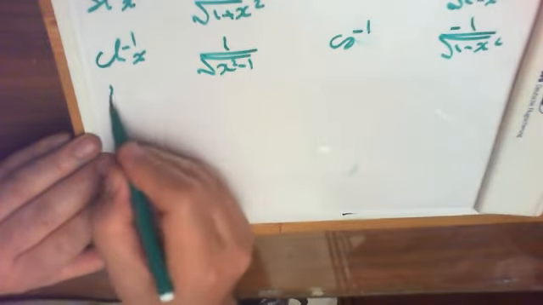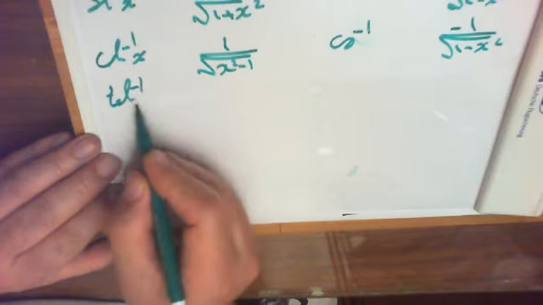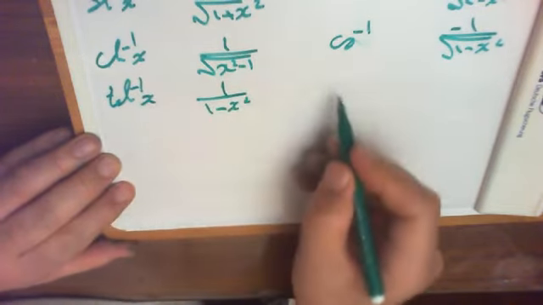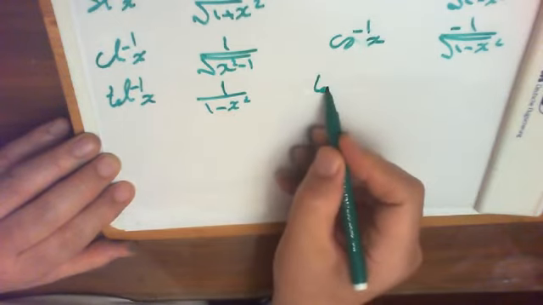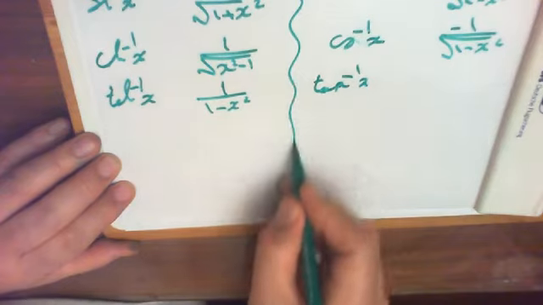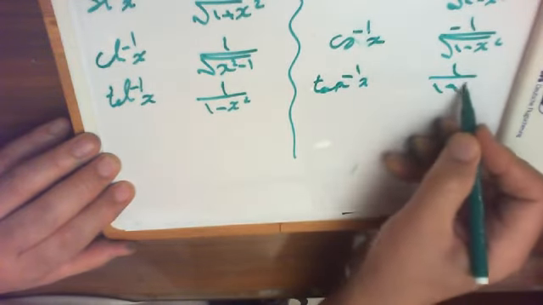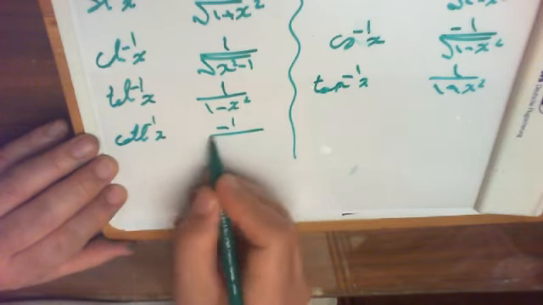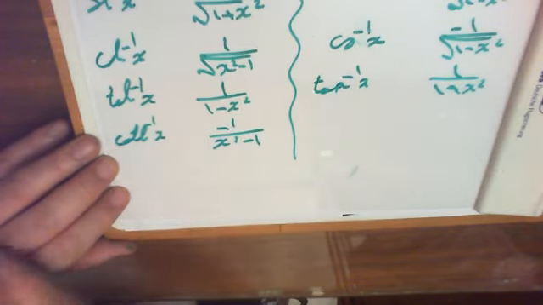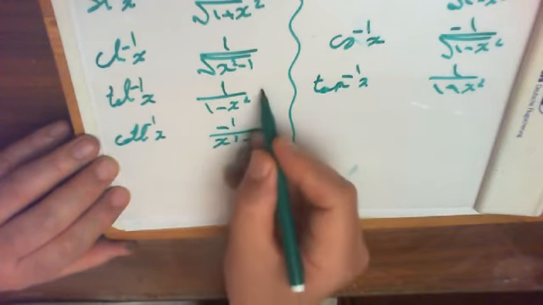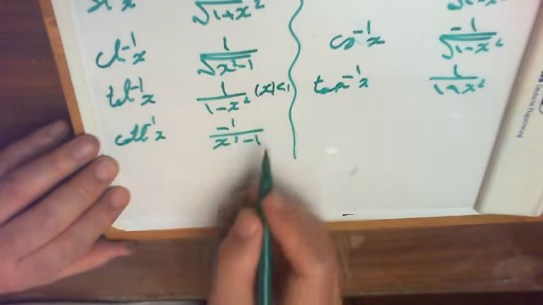Tanh minus 1 is 1 over 1 minus x squared, while tan minus 1 x is 1 over 1 plus x squared. Cot minus 1 x is minus 1 over 1 plus x squared. And I discussed with you, you can say these are the same, because modulus x less than 1, while modulus x greater than 1.